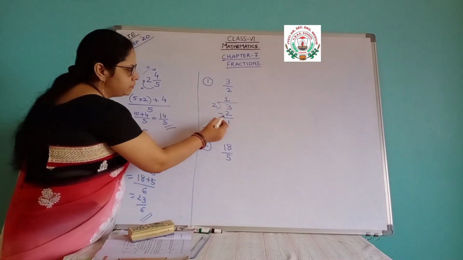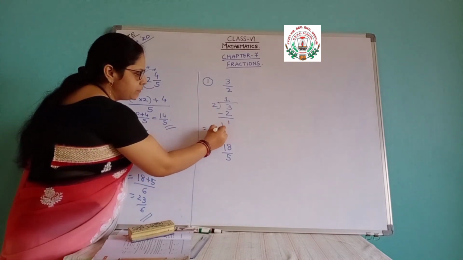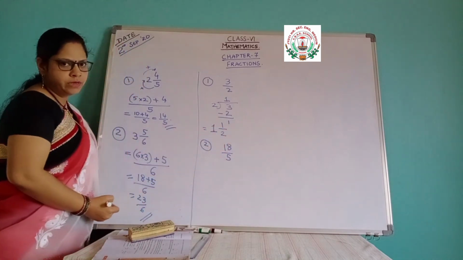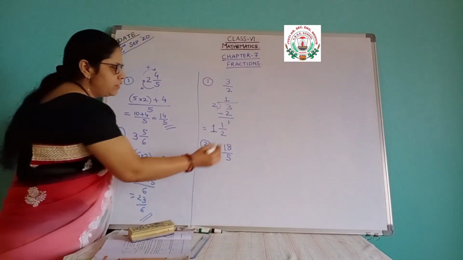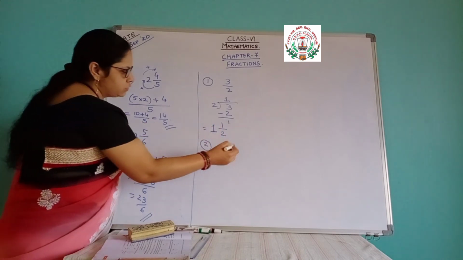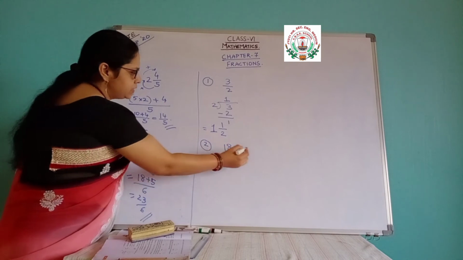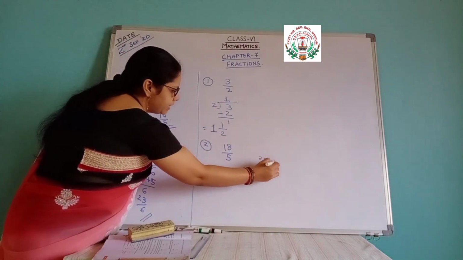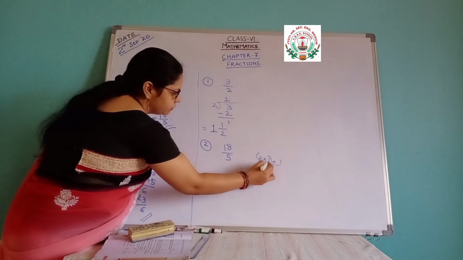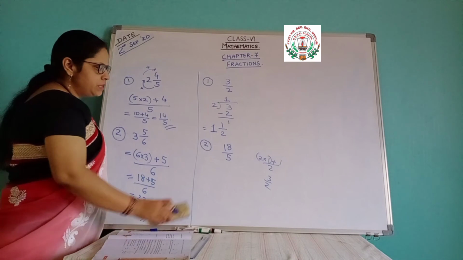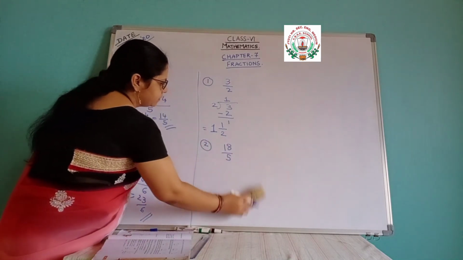And remainder will be written for the numerator and divisor will be written for the denominator. Understood? If you are having any confusion, just you solve it in rough. That is 2 ones are 2 plus 1. 2 into 1 plus 1 by 2. That is 2 plus 1, 3 by 2. Getting the same answer? So that answer is correct.